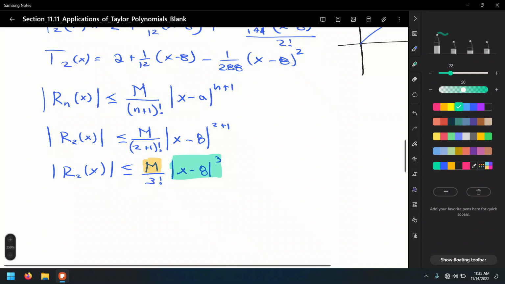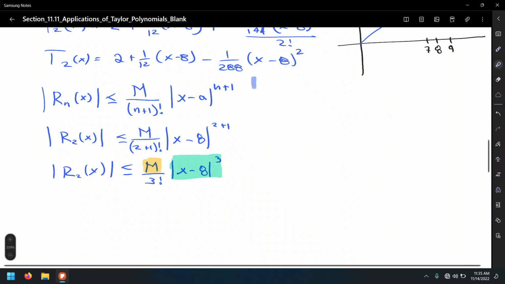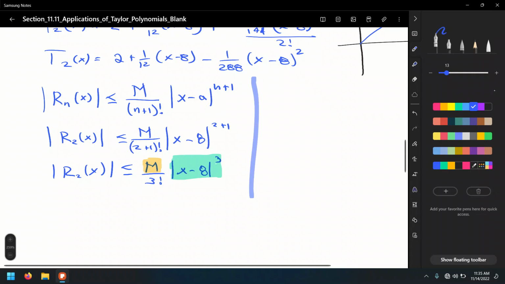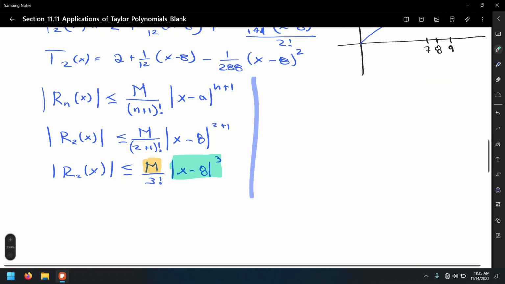All right, did you see that connection with the definition of inequality that we did before? Well, that's the main purpose here. So I'm going to do this calculation separately, and I'm going to use the corresponding color as in the highlight. So we have the absolute value of x minus 8 to the third power.